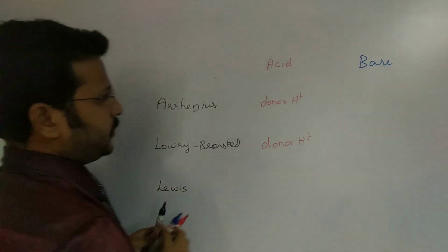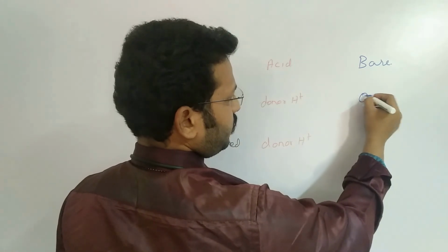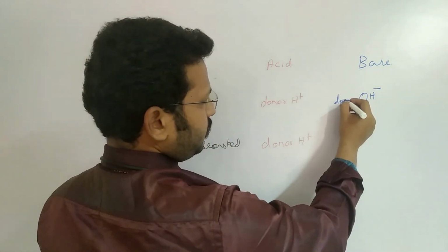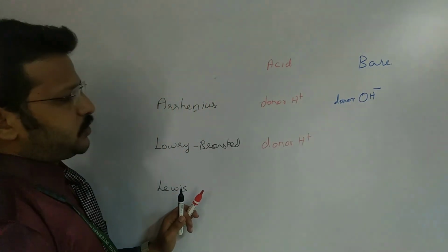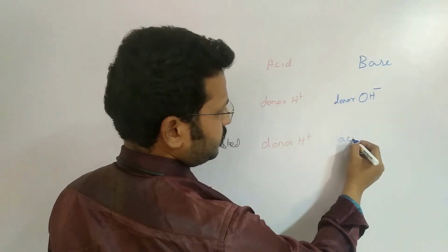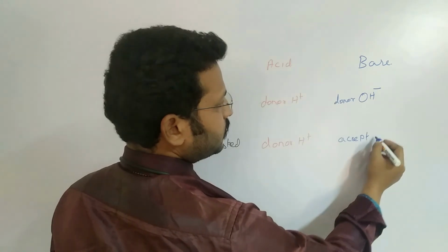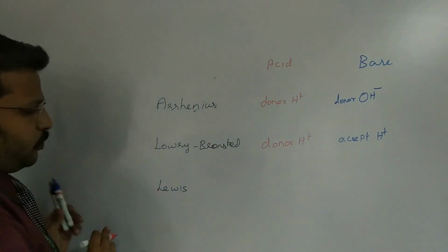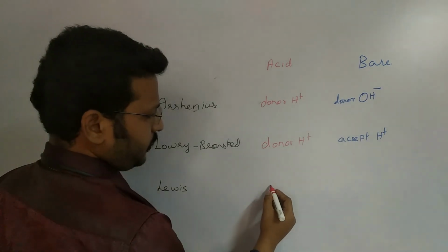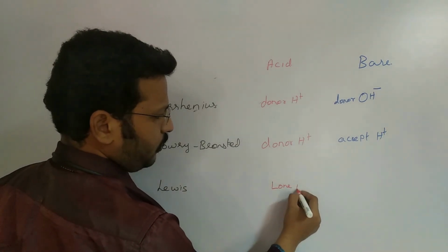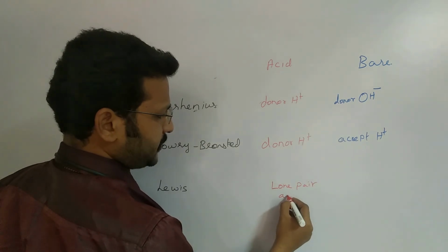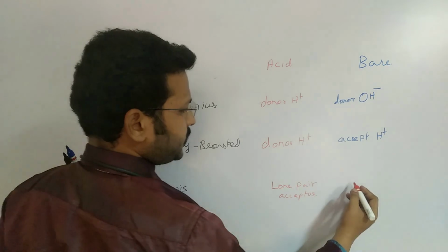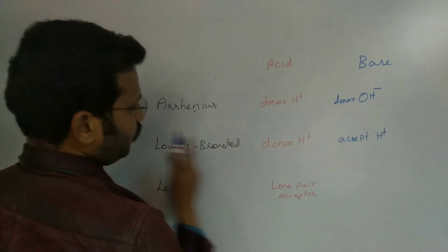Arrhenius bases donate OH minus, and Lowry-Bronsted bases accept H plus. And differently, in the Lewis concept, Lewis acids are lone pair acceptors, and Lewis bases are lone pair donors.